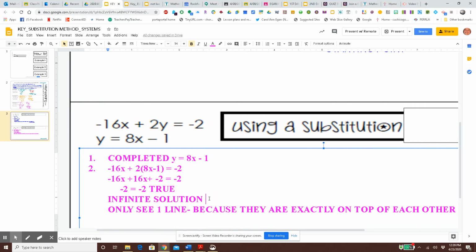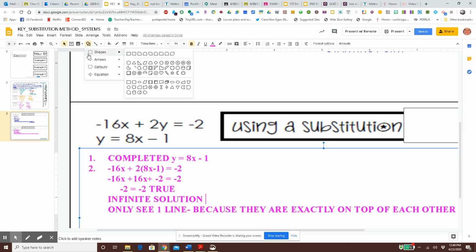So infinite solution, if it would let me draw a symbol, shapes. Let's see if they have an infinite shape on here. I don't think they do. Nope. So, but remember that's set sideways, or that 8 that's laying on its side. That's what an infinite solution is.